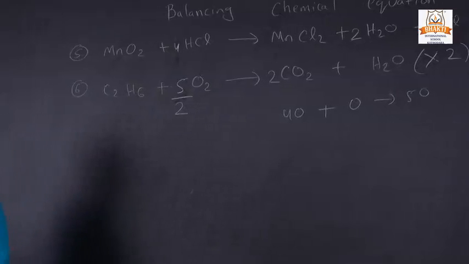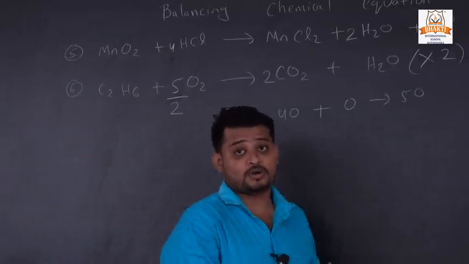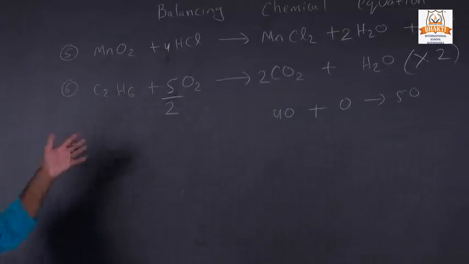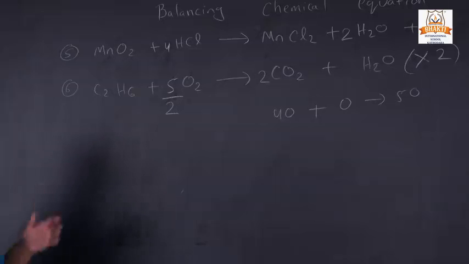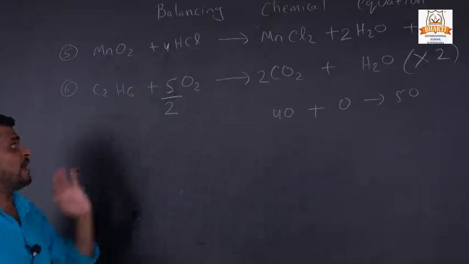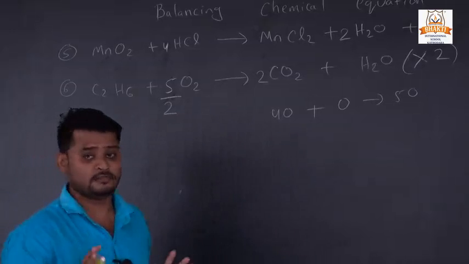Multiply and divide. It was doing in math, but it was also doing to balance chemical equation. It is also a way, but we didn't know this way. Every method we will apply to balance a chemical equation, it is fair.